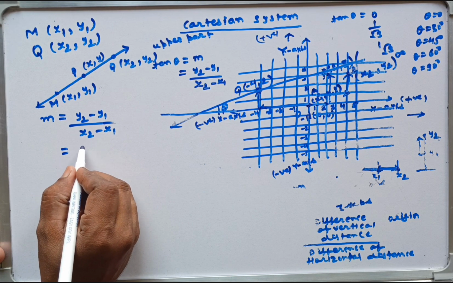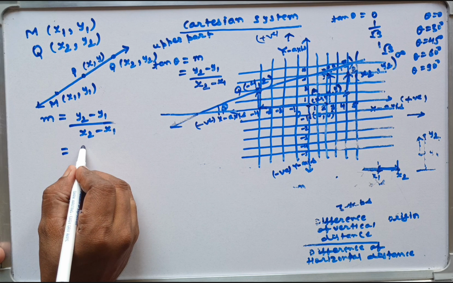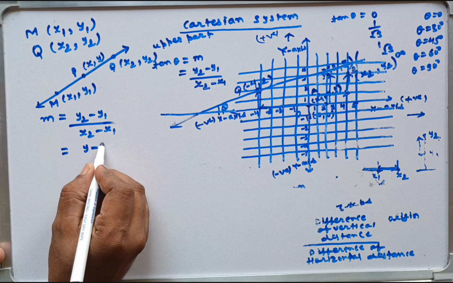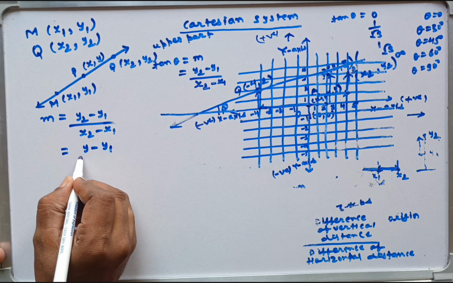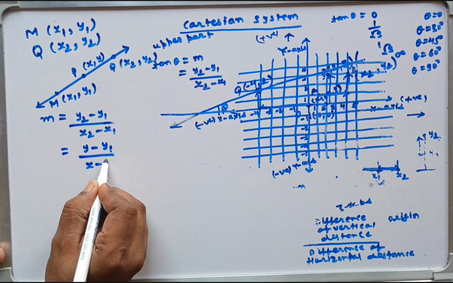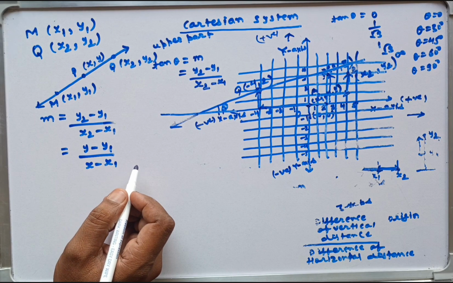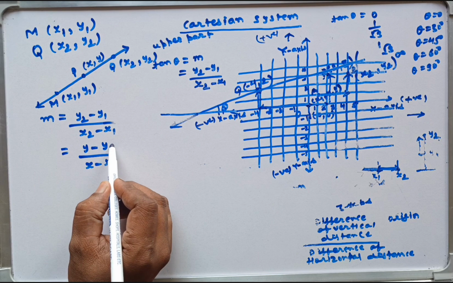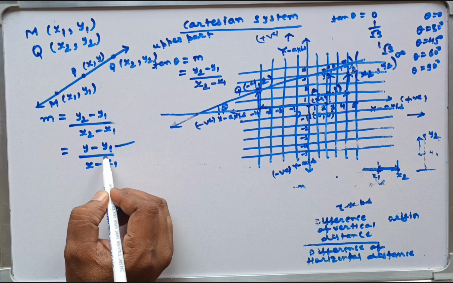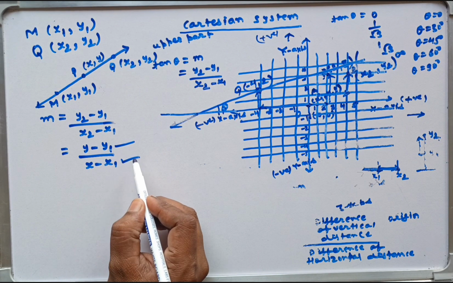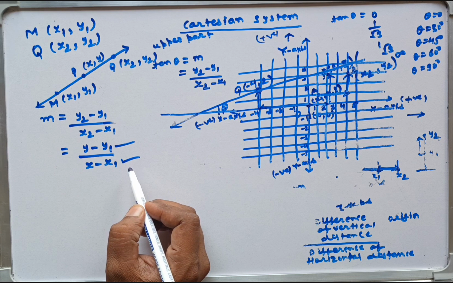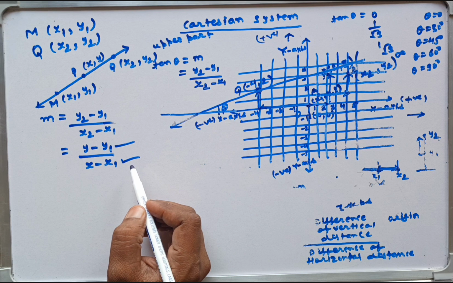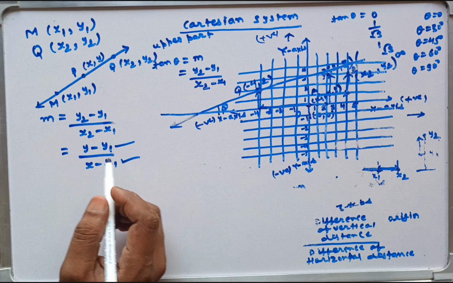So if we take y minus y1 over x minus x1, the gradient will be the same, meaning the difference of the vertical distance divided by the difference of the horizontal distance, the slope will be the same.